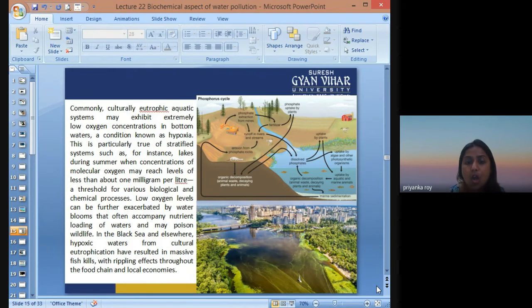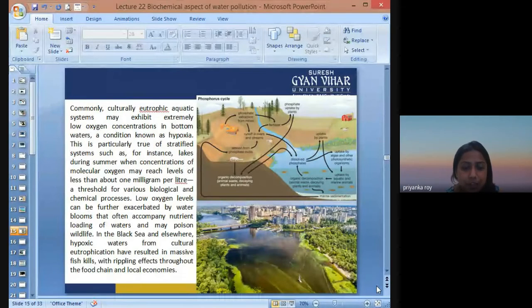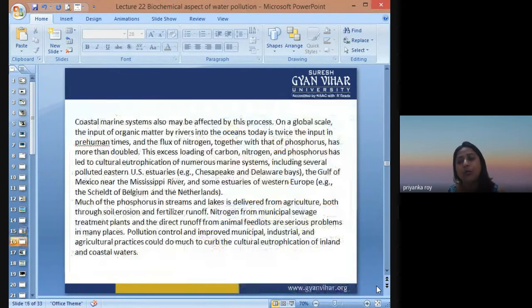Low oxygen levels can be further accelerated by water blooms that often accompany nutrient loading of water, and may poison wildlife in the process. Now in the Black Sea, and elsewhere, hypoxic waters from cultural eutrophication have resulted in massive fish deaths, with a ripple effect throughout the food chain and the local economy.